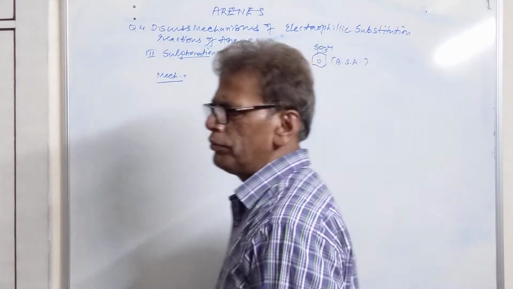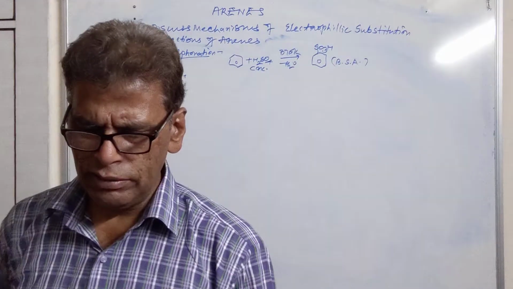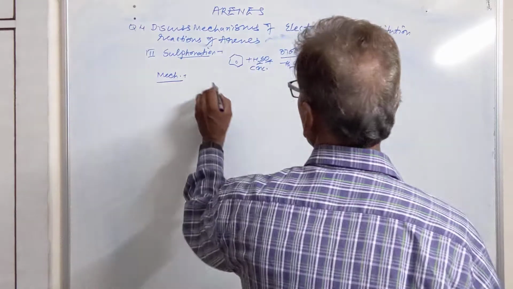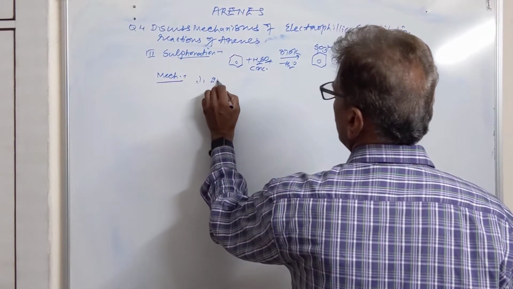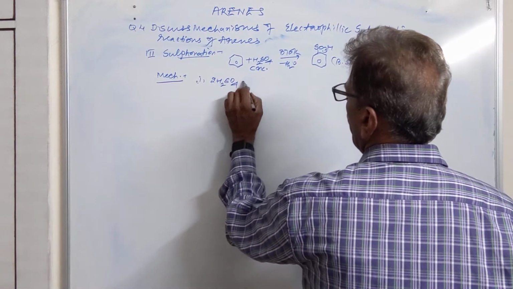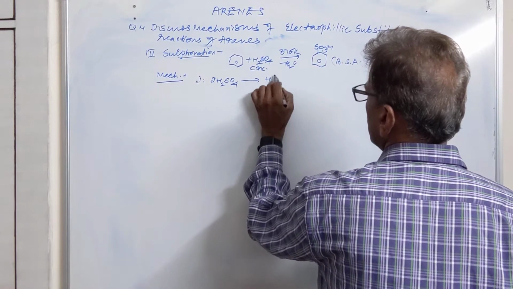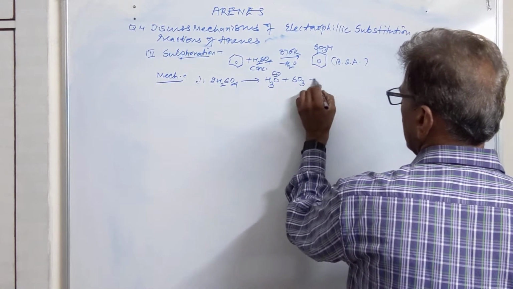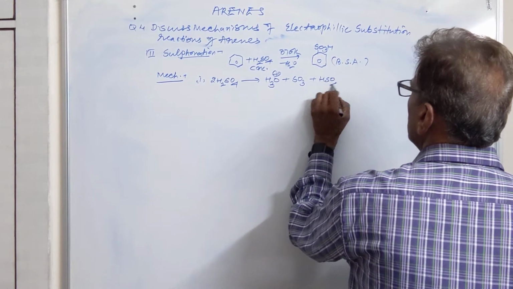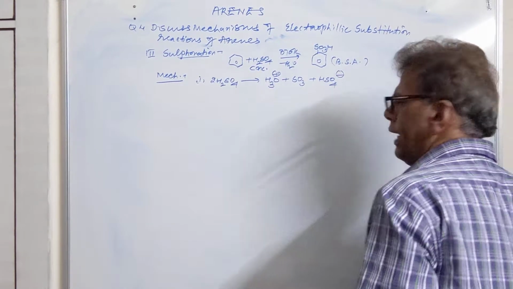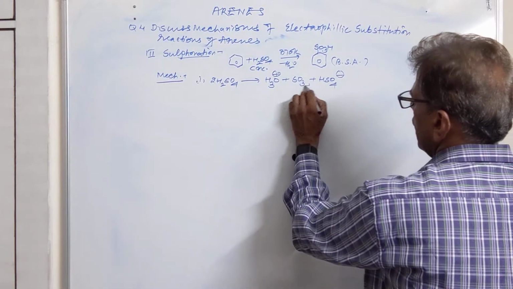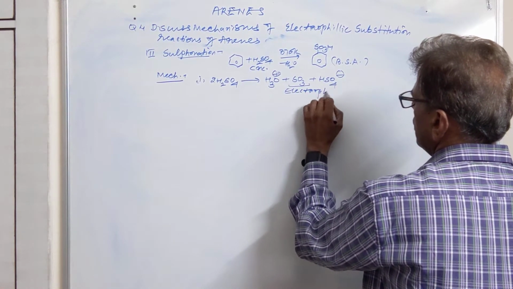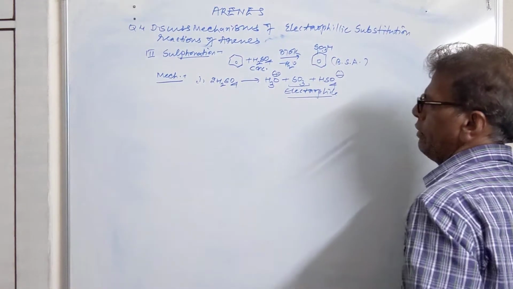Now we come to the mechanism of this reaction. 2H2SO4 breaks up to give you hydronium ion, electron deficient SO3, which will act as the electrophile here, and the nucleophile HSO4 here. This is the electrophile. Although it does not have any charge, it is electron deficient.